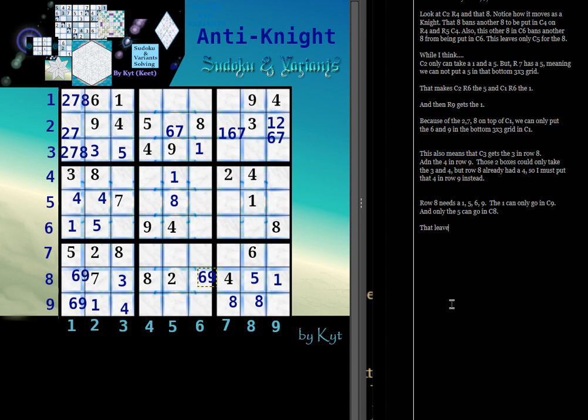That leaves us with the 6, 9 naked pair. No other numbers can go in those cells except just the 6 and 9.